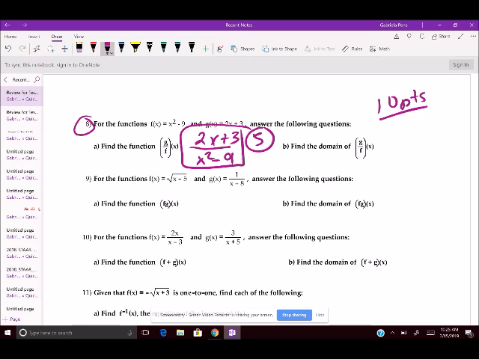So please graph this problem really quick right now so we could see what it looks like. Even if you already did it, just so it's fresh on your mind right now.